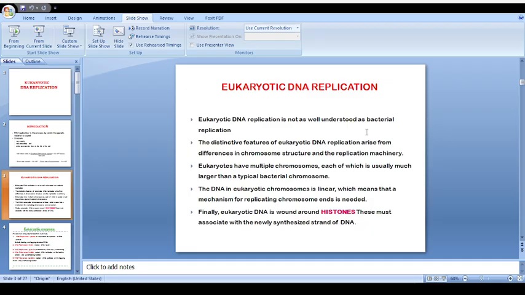That has to be removed during the process of replication. Without removal of the histones from the DNA, it is not at all possible to carry out the process. So we call it de-histone, that is, removal of the histone takes place during the replication process, or we call it unwrapping of the histone.